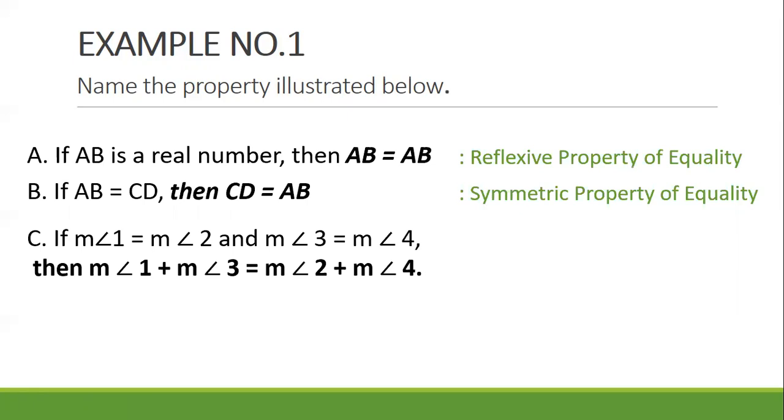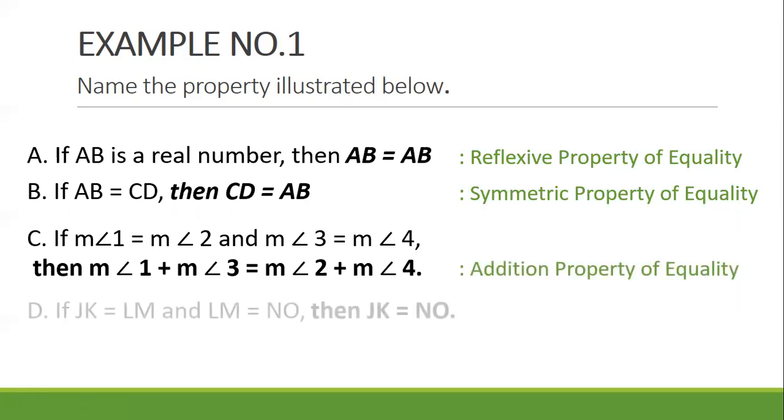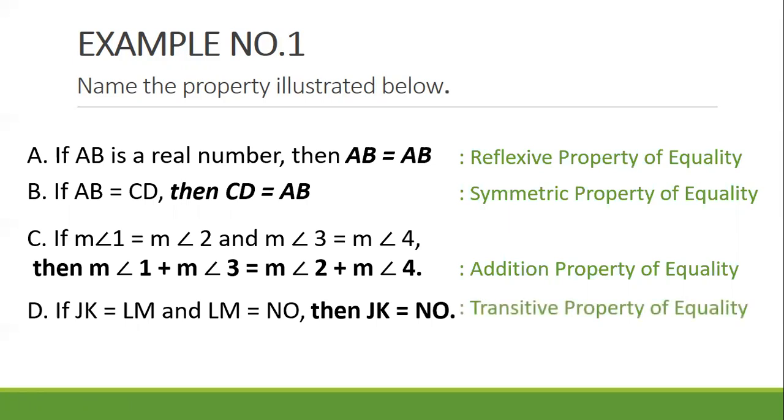Since involved ang addition, the property that we used here is addition property of equality. Letter D, if JK is equal to LM and LM is equal to NO, then JK is equal to NO. So this is a transitive property of equality.